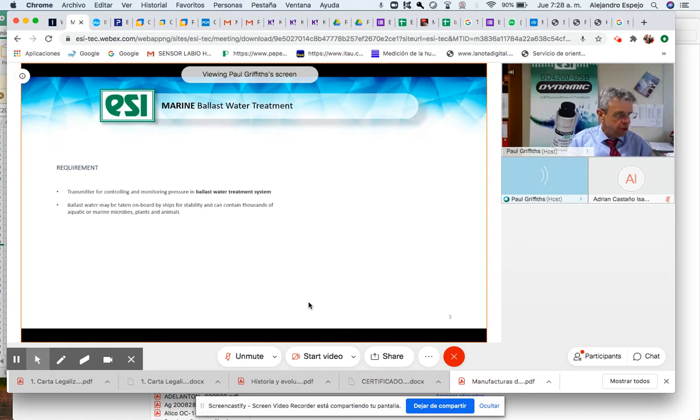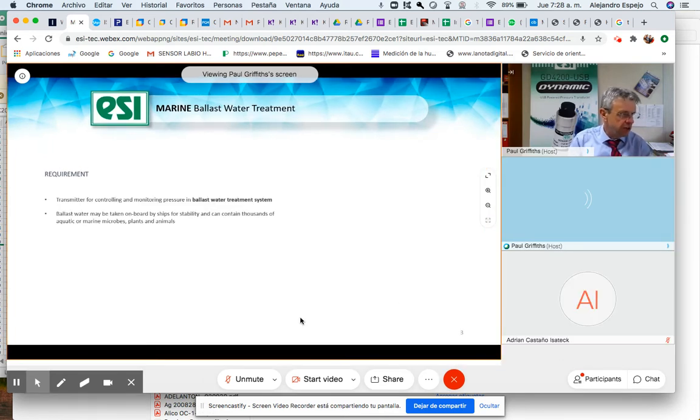So the ships at different points, they take on board water when they're empty, and they discharge water when they're full of containers or oil, whatever.